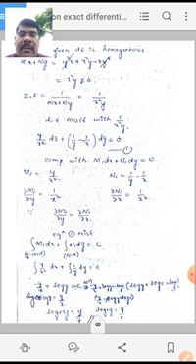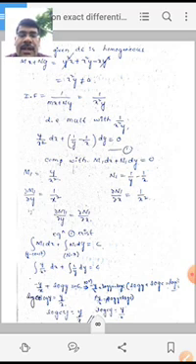Comparing with M1 dx + N1 dy equal to 0, here M1 equal to y/x², N1 equal to 1/y − 1/x. Here ∂M1/∂y is equal to 1/x², ∂N1/∂x is equal to 1/x². Here ∂M1/∂y is equal to ∂N1/∂x, so the given equation is an exact differential equation.